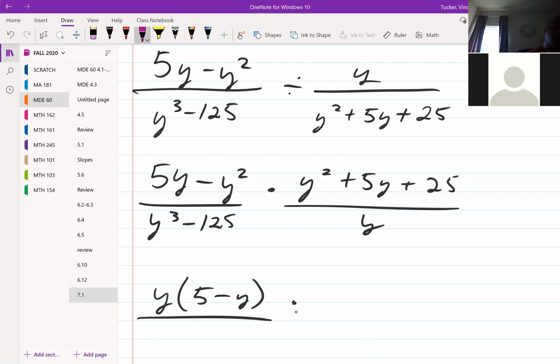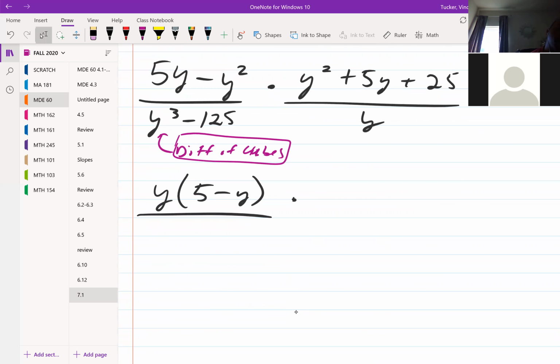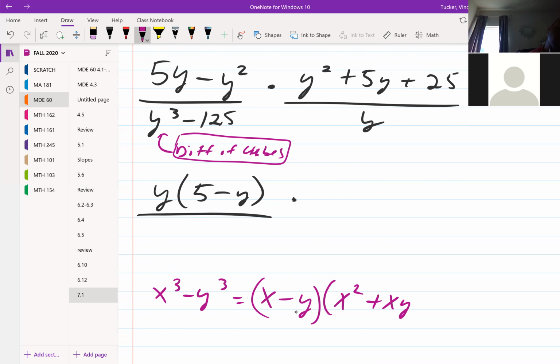Now here, we have a difference of cubes. So let's go down here and do that formula real quick. Difference of cubes, x cubed minus y cubed is equal to x minus y, x squared plus xy plus y squared. So we have y that's being cubed, and then 5 that's being cubed.